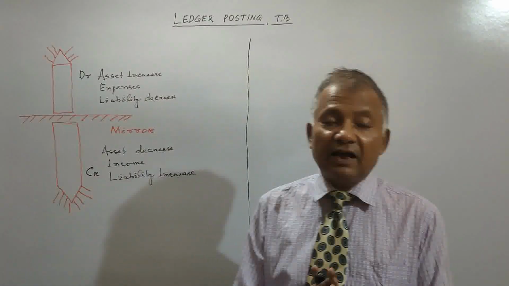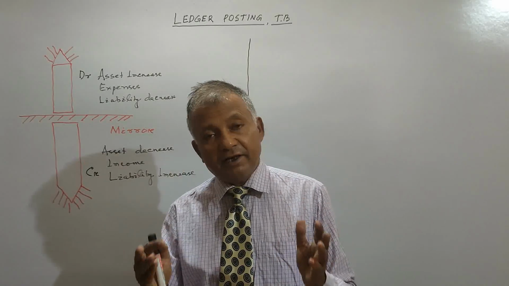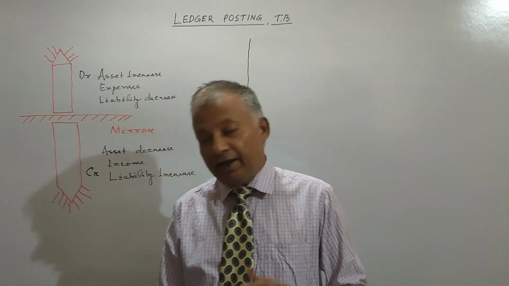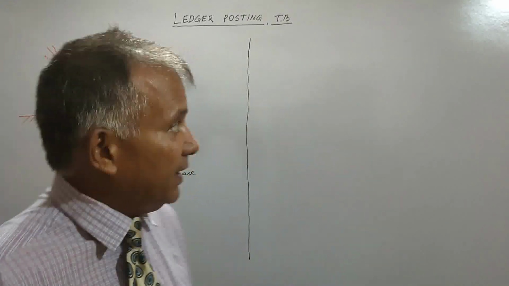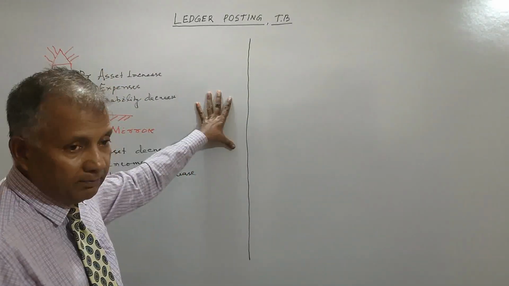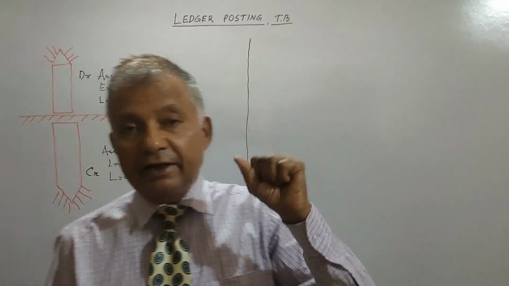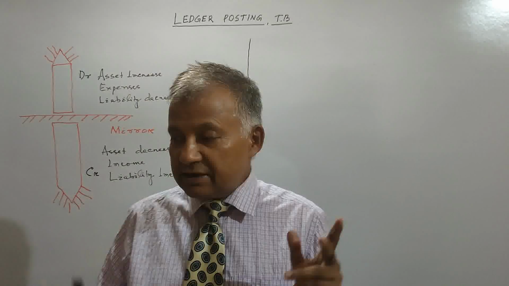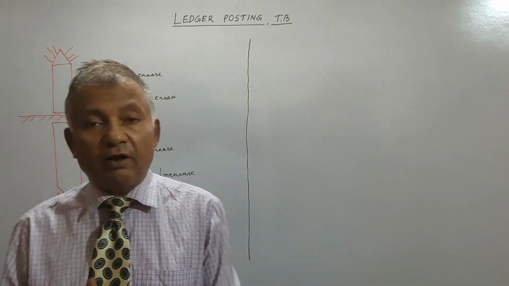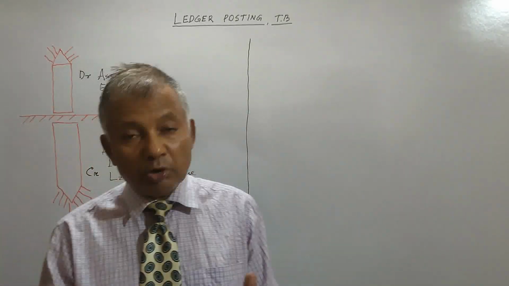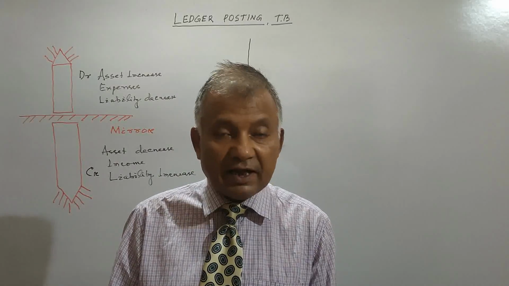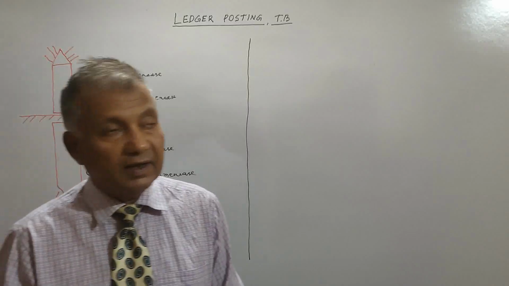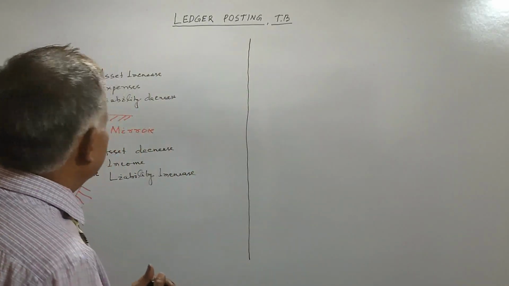Friends, this is the third class of ledger trial balance posting, and in this class we will again go for a problem with journal entry, ledger and trial balance. This problem has been taken from your most popular prescribed book T.S. Grewal chapter 6, that is your ledger.